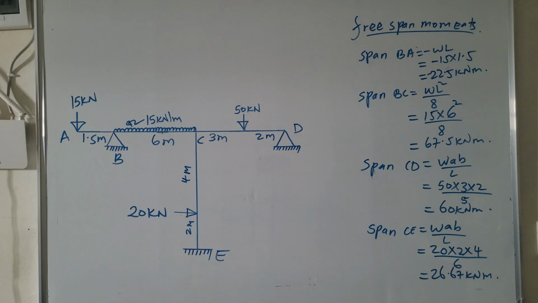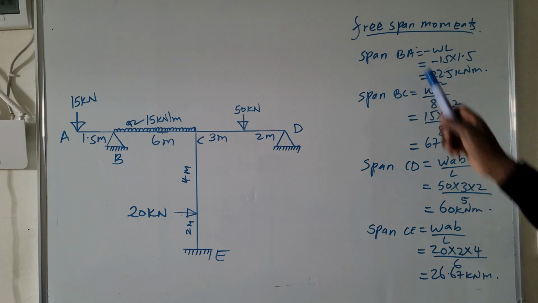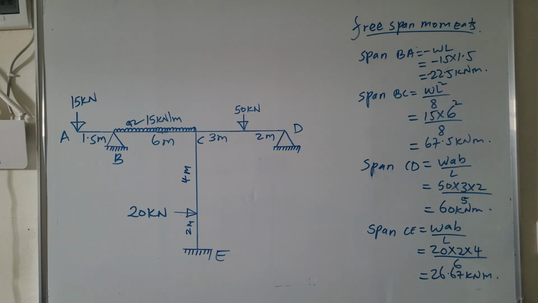For us to draw the bending moment diagram, we are supposed to calculate the free span moments. So for free span moment, we have span BA. The formula is minus WL, which is minus 15 times 1.5, get negative 22.5.